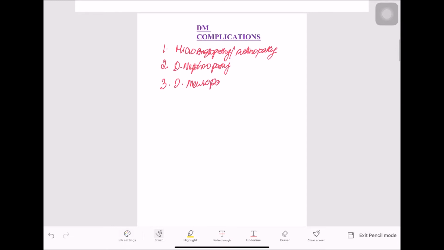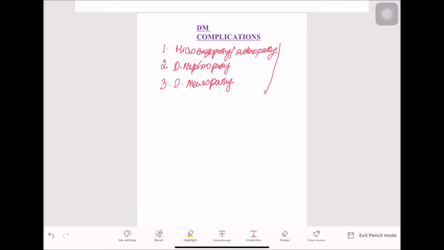Also there will be diabetic nephropathy. A high level of glucose will affect the kidney blood vessels, which leads to diabetic nephropathy. And the third one is diabetic neuropathy. The patient will have loss of sensation, loss of temperature sensation in the extremity, which we call diabetic neuropathy.